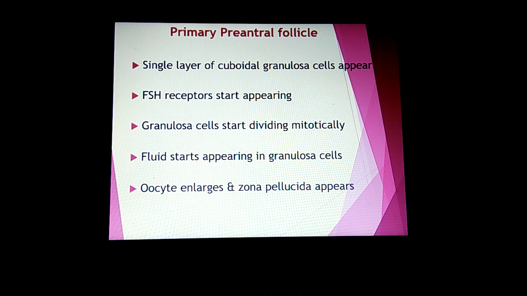Now, as this primary preantral follicle further proceeds in development, the granulosa cells will start dividing mitotically. The fluid starts appearing in granulosa cells, and the oocyte slightly enlarges and the zona pellucida appears around the oocyte.